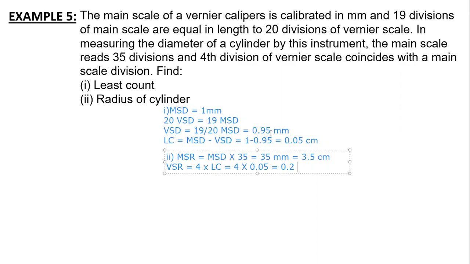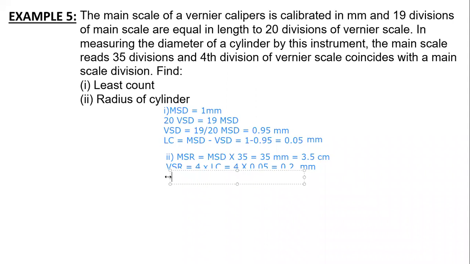Something is a mistake. The least count is not 0.05 centimeter. It should be 0.05 millimeter. So this one will be 0.2 millimeter. Okay, fine.